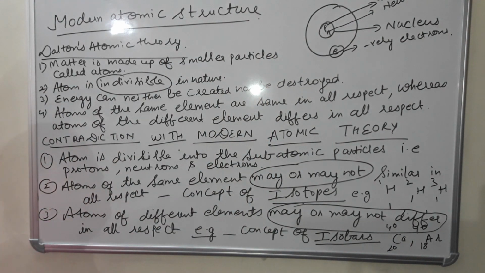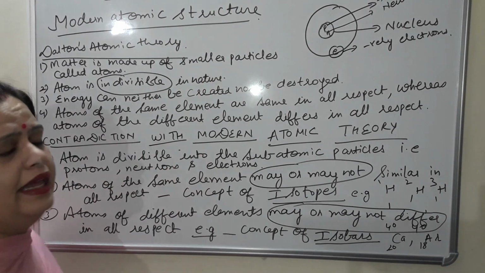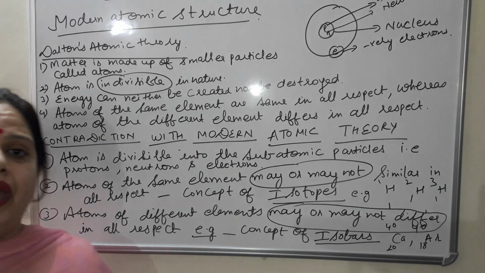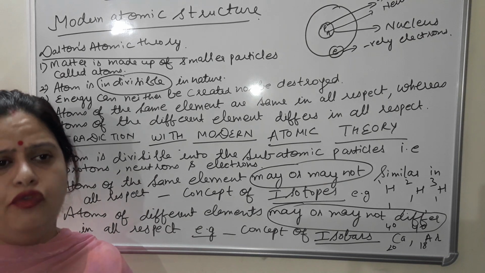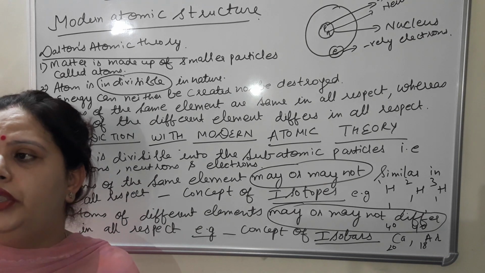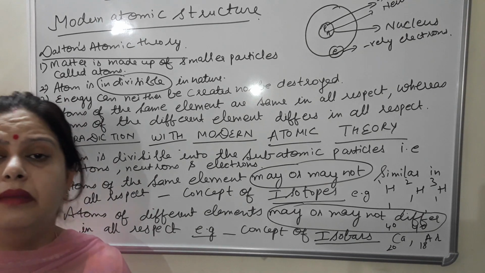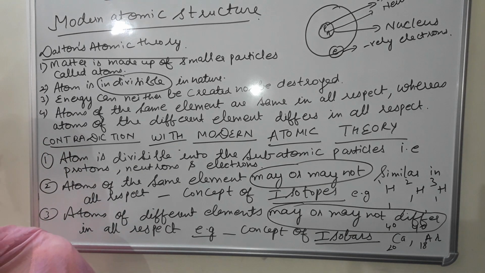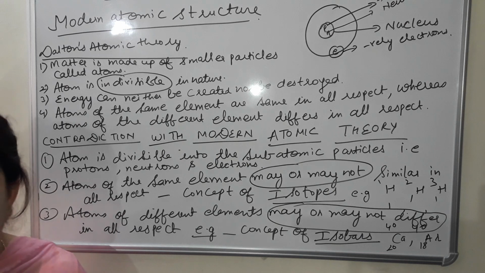So first of all, I will discuss this particular thing that I have written here, that is atom. So what is atom? Atom is the smallest unit of matter, as we all say. For example, the basic unit of a wall is a brick. In the same manner, the basic unit of matter is the atom, which was discovered by John Dalton.